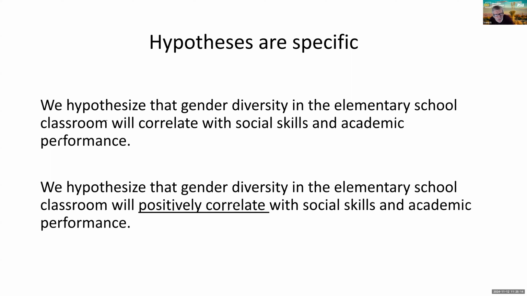Now, when we write something like, will correlate, the typical reviewer will read that as a positive correlation. I think that's what we usually default to in these situations. When you should just be more exact. We hypothesize that gender diversity in the elementary school classroom will positively correlate with social skills and academic performance.